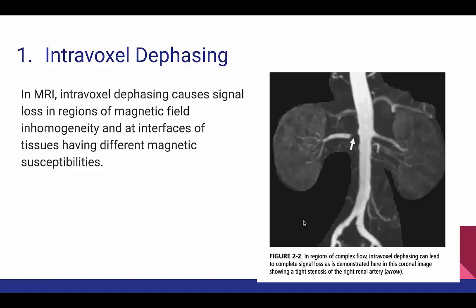We don't really see what's happening there, but intravoxel dephasing causes signal loss in regions of magnetic field inhomogeneity and at interfaces of tissues having different magnetic susceptibilities. And this means that if there's an interface of change, you're going to have issues with the MRI and MRA in this case.